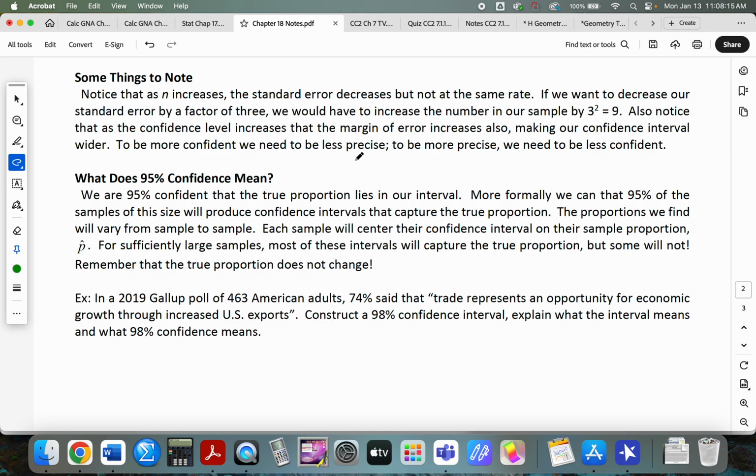So, the less precise, the more confident you are. The more confident you are, the less precise. Do you always want to be more confident rather than precise? Well, that's the question. There's always a tension between those two things: being more confident but less precise, or being more precise but less confident.